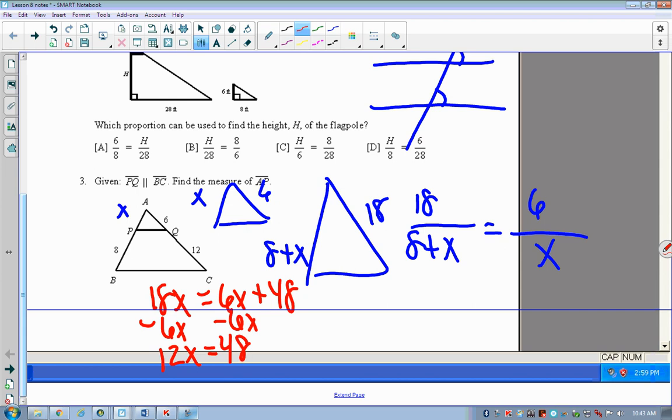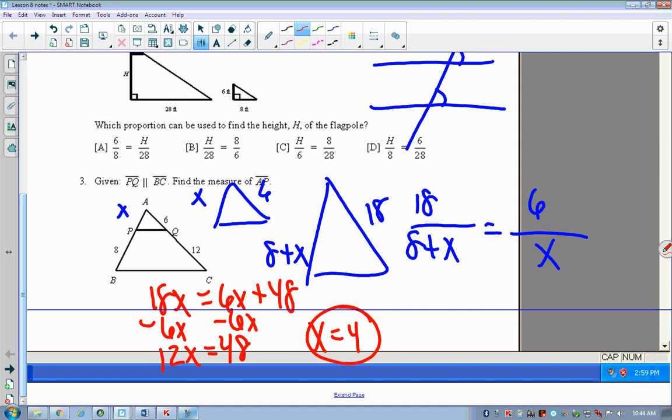How about 48? X equals 4. Okay, and so AP equals 4, correct? Okay. There's a little bit of an easier way, but I'm not going to tell you what it is.